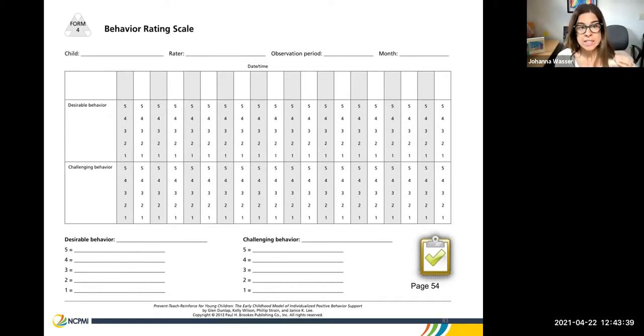So we're collecting that behavior at the same time during that designated time during the day or routine that we have decided as a team to collect the data on. Okay? It makes more sense as we go through it, and that's why I'm going to break before we do some work around this, so you have a fresh brain tomorrow for us to play around with this.